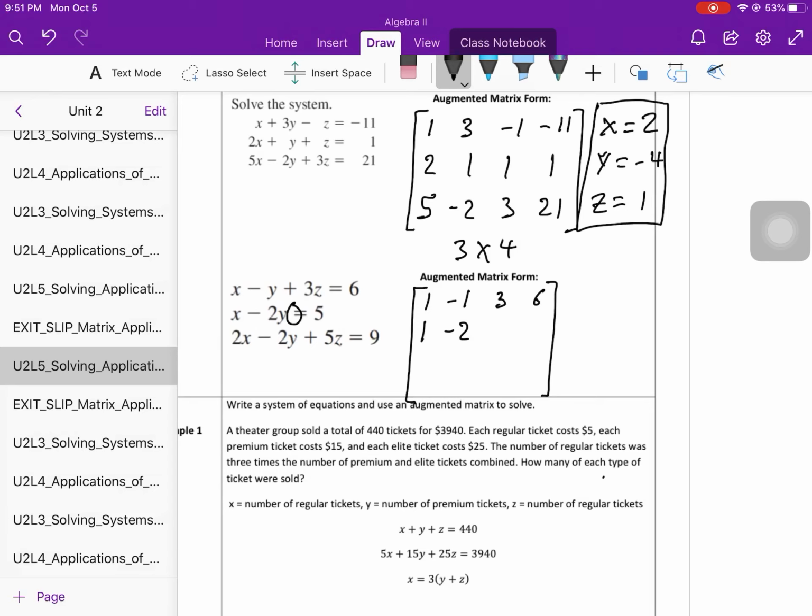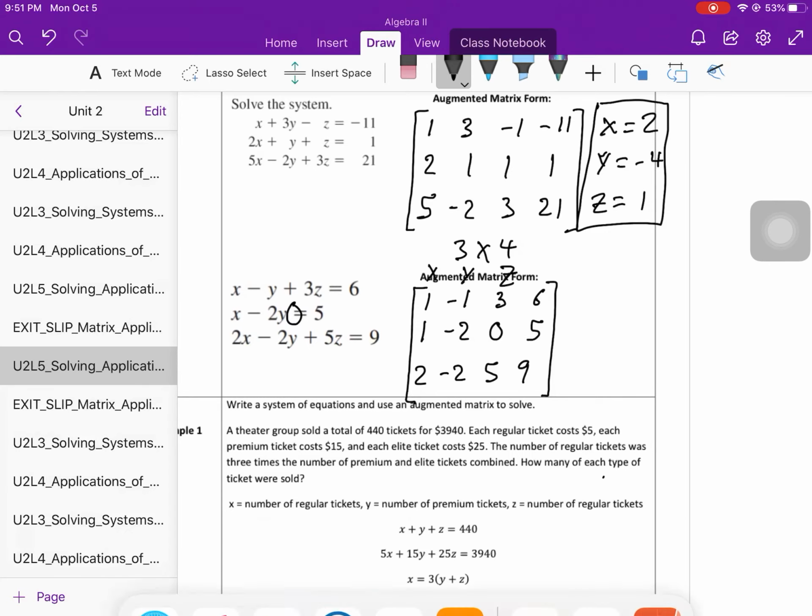If we're missing a variable though, we're still going to fill it in. We're just going to put in 0. So that's very important. Then we have 5 at the end. Now this bottom one is normal, 2, -2, 5, and 9. So make sure if you have a missing variable, you fill it in as 0, and it has to follow the x, y, z pattern.